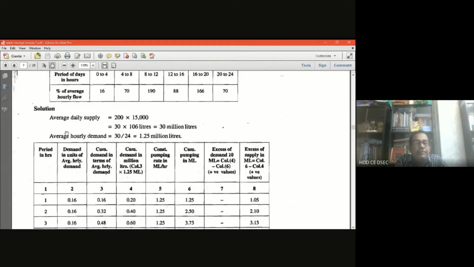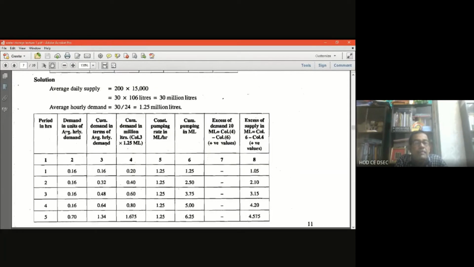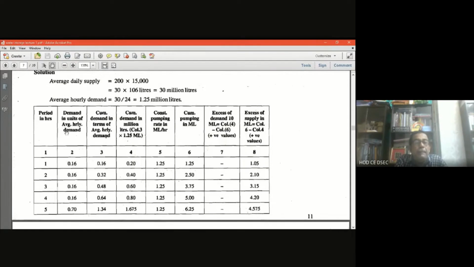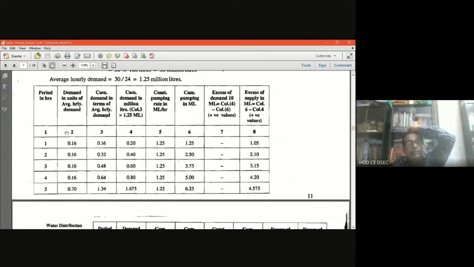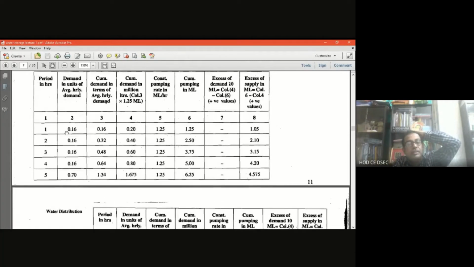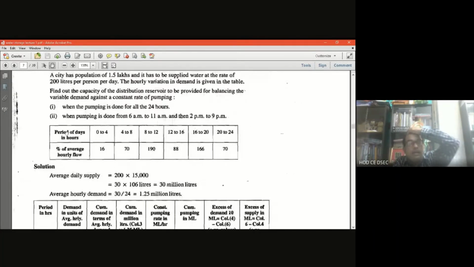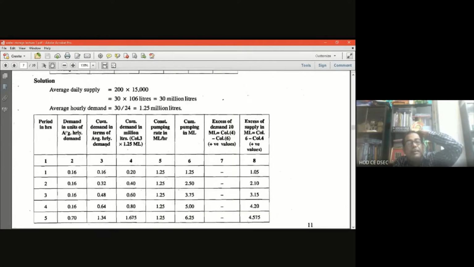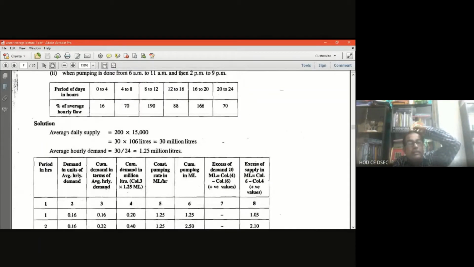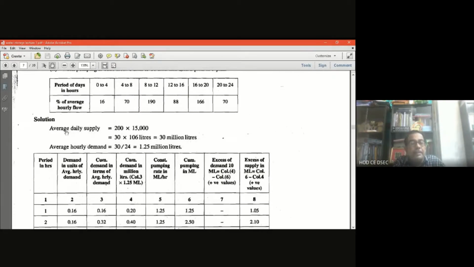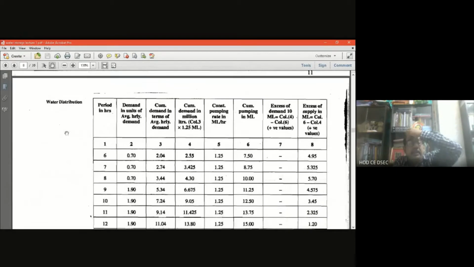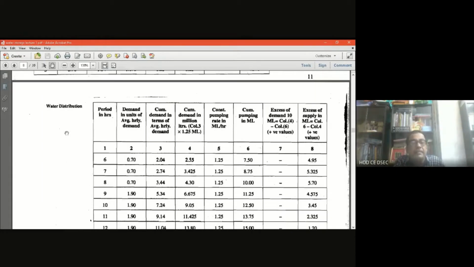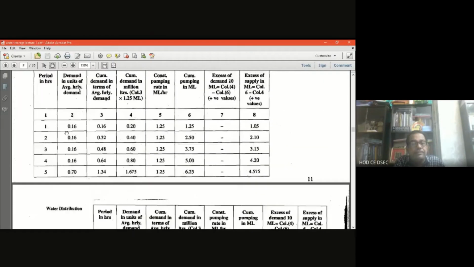The demand in units of average demand is given in the question: 0.16, 0.16, then 70% means 0.7, then 190% means 1.9. These are already tabulated as demand in units of average demand.